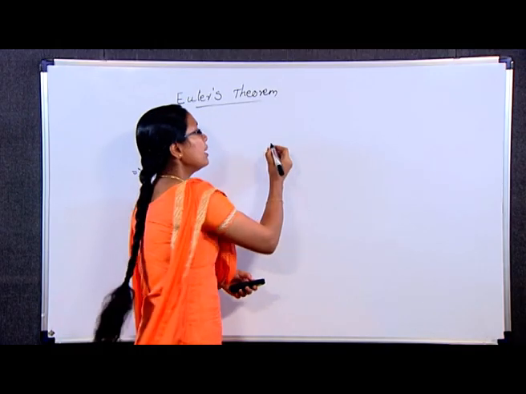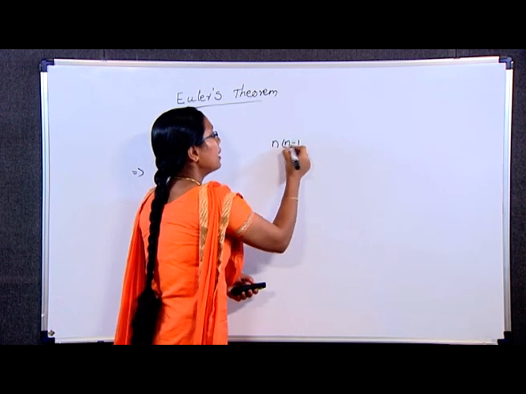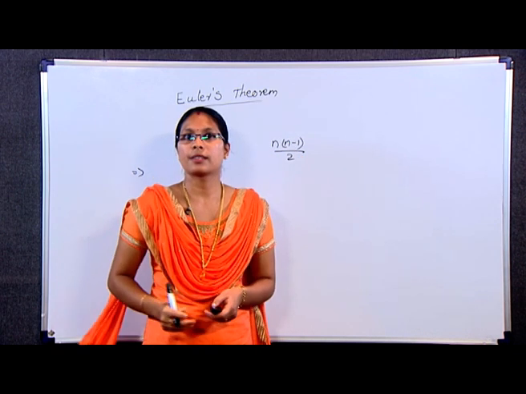Next problem: what is the smallest integer n such that the complete graph Kn has at least 500 edges? Kn has n(n-1)/2 edges.